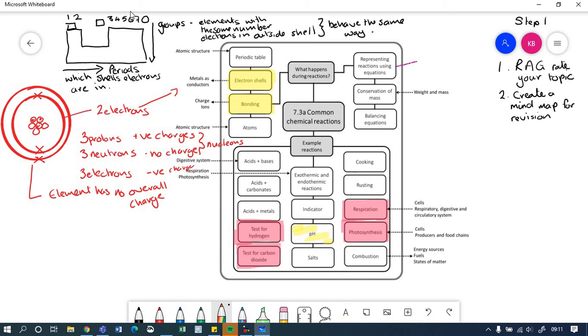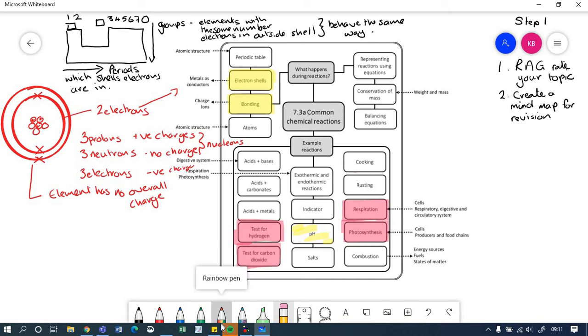Representing reactions using equations. So let's start off with very, very simple carbon plus oxygen goes to make, oh, this is getting in the way, isn't it? Well, I'm going to rub that and move that slightly. I do apologise for that. I would love to be able to do this.